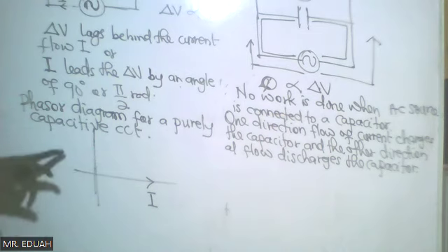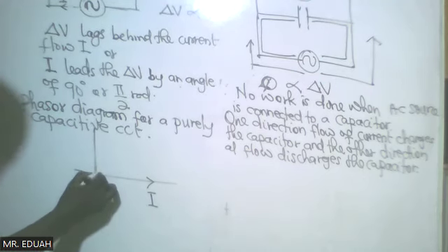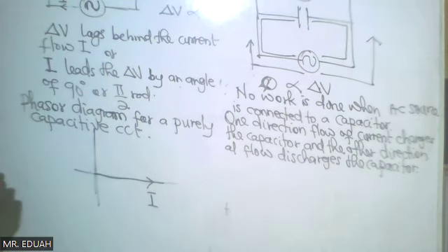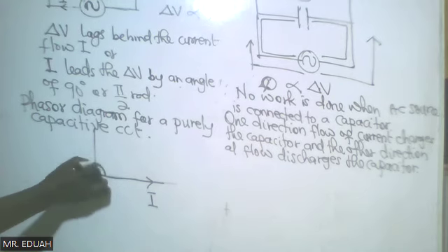Over here, the current leads the voltage by 90 degrees. So if I identify the current, I need to measure an angle of 90 degrees.